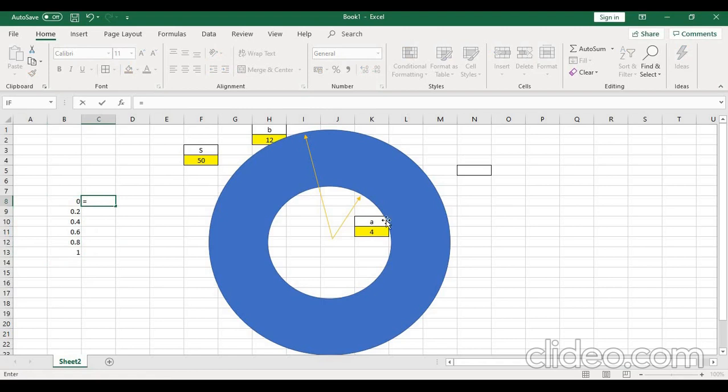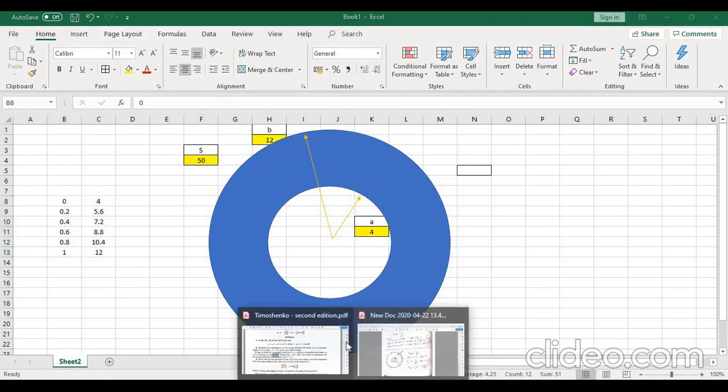So this is inner radius, with function F4 so that it will remain static when I scroll, plus outer radius, again with F4, minus inner radius with F4, into this fraction. So this is uniformly varying, inner radius is 4 and maximum radius is 12. So that is the radius.